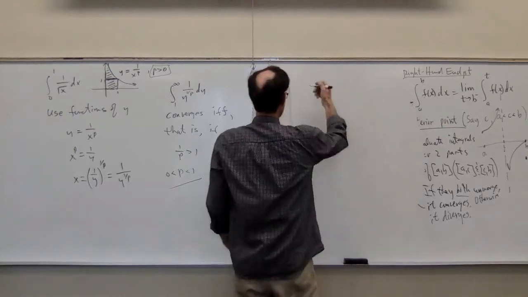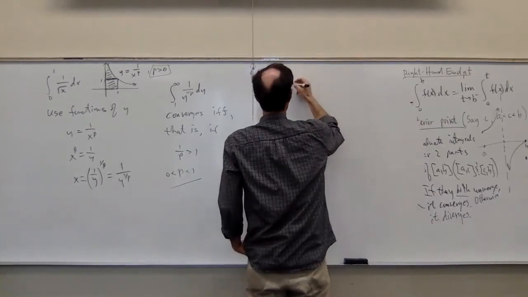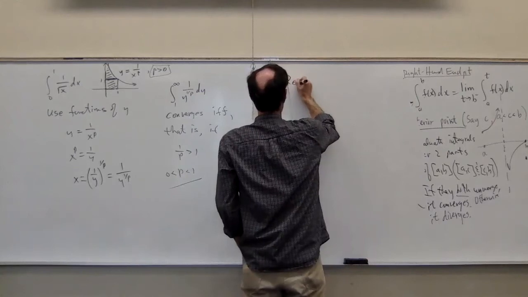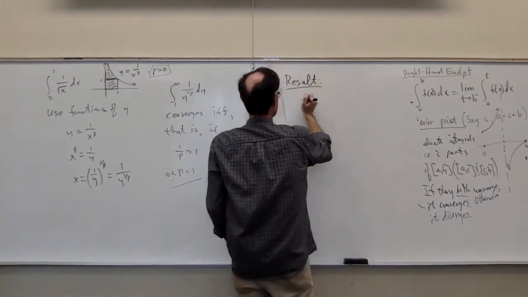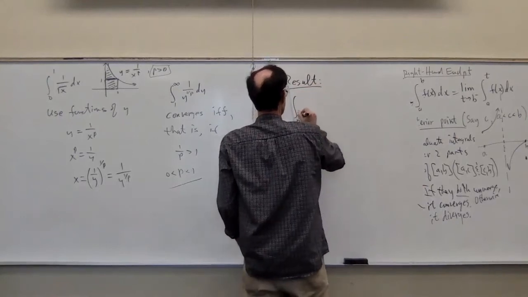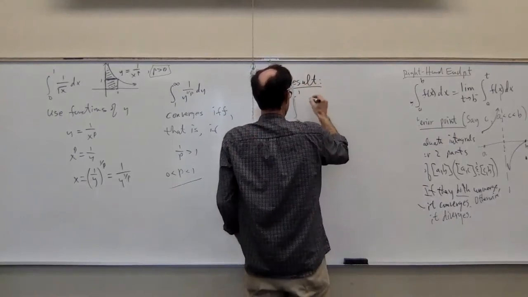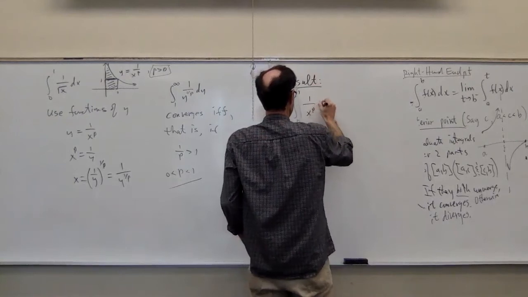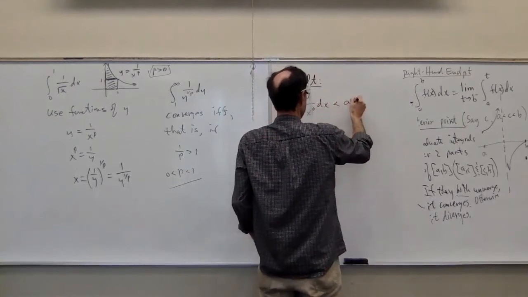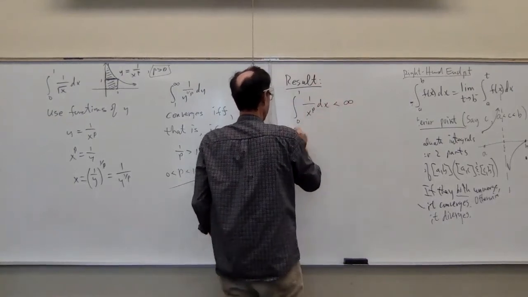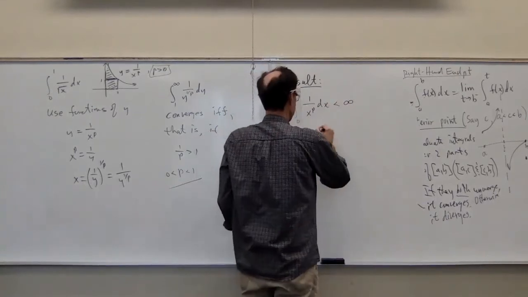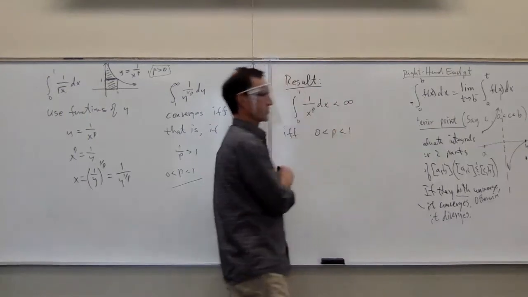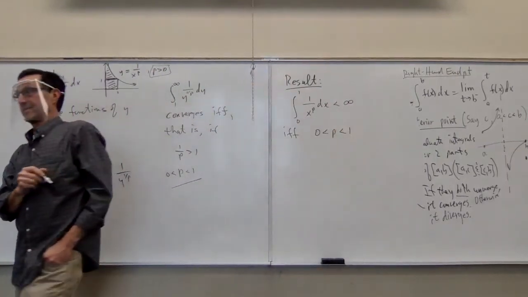I'm not going to use those words because I don't want to confuse it with what we already have said. And like I said before, the first one is going to be more important to us. So here's our result. The integral from 0 to 1 over x to the P dx converges, is less than infinity, if and only if P is strictly between 0 and 1.